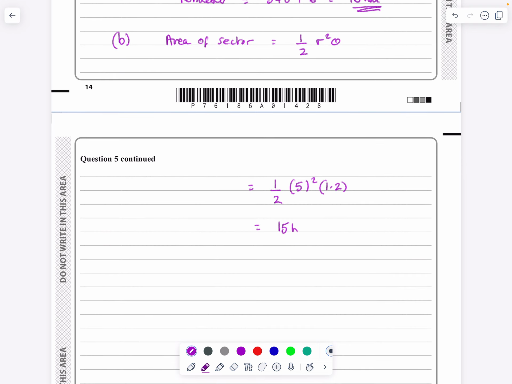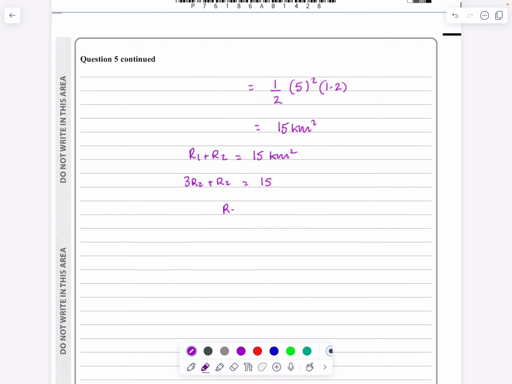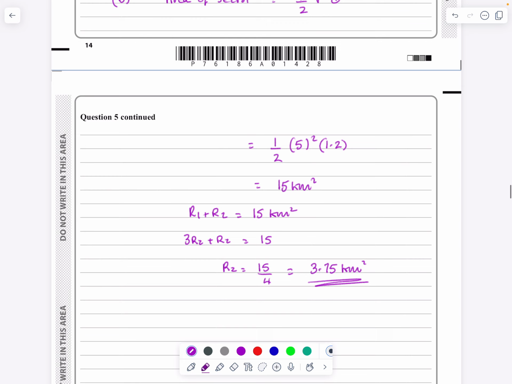So 15 kilometres squared. But as we just said, R1 plus R2 is equal to 15 kilometres squared. And they just told us that R1 was 3R2, so 3R2 plus R2 is equal to 15. And so R2 is just 15 divided by 4, which works out to be 3.75 kilometres squared, which is what they asked us to do.